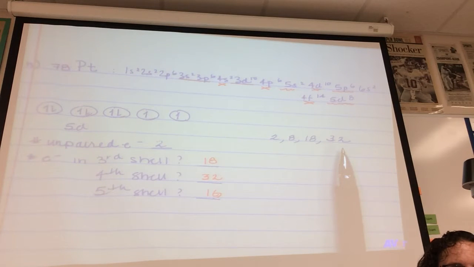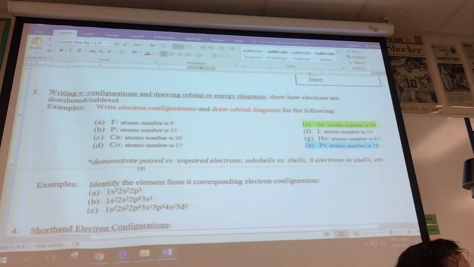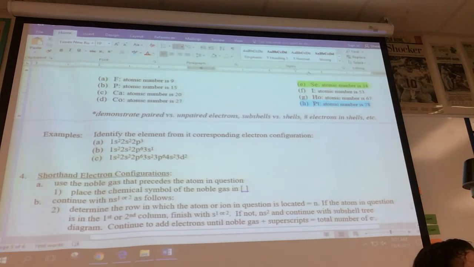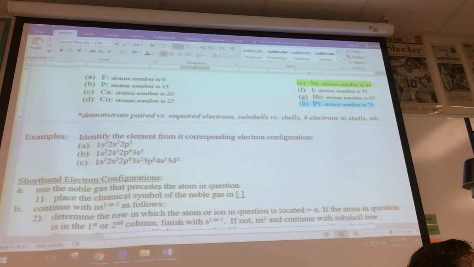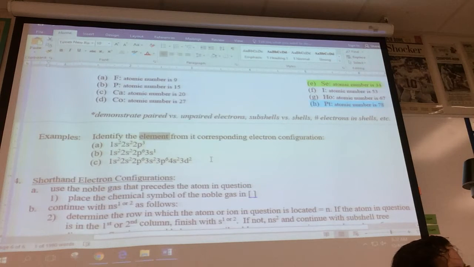Questions here? The last thing I want to mention is just the backward interpretation of it. I don't believe I put this on the quiz, but I know I put it on the test and it goes with it. If you want to figure out the element from the corresponding electron configuration, how might you go about that?